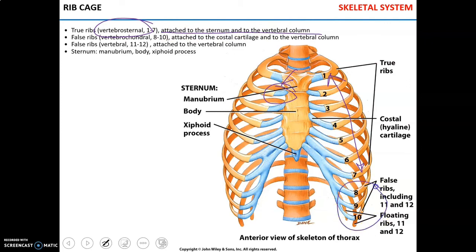Ribs 8 through 10 are false. They're called vertebrochondral because the heads are attached to the vertebral column. You can't really see them right there. And the ends are attached to the costal cartilage. Ribs 11 and 12 are false ribs that are called vertebral or floating ribs.